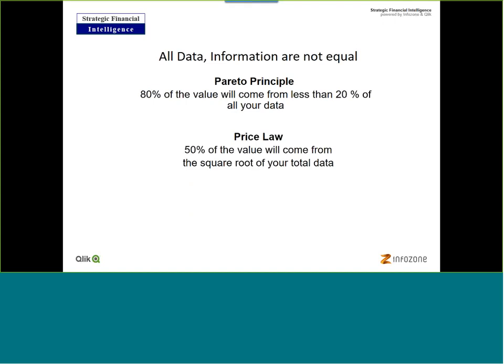It's called the Price law, that says 50% of the value will come from the square root of the total.